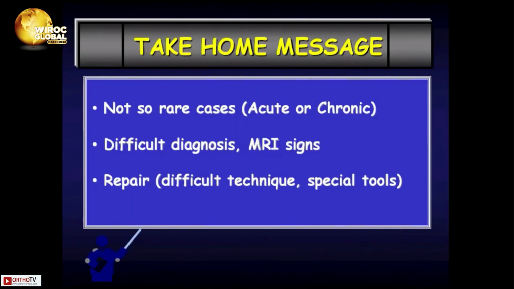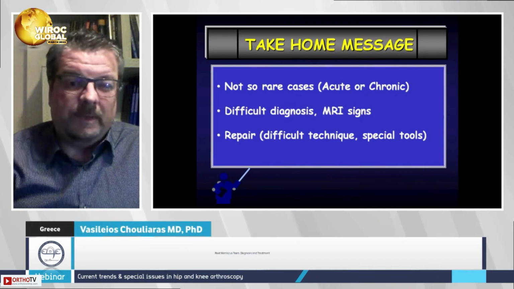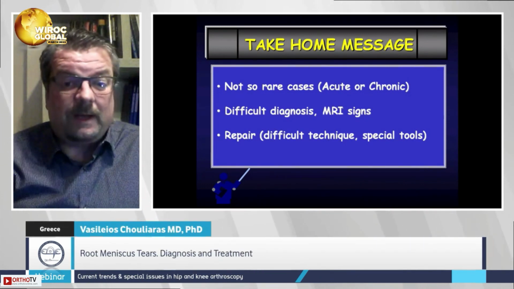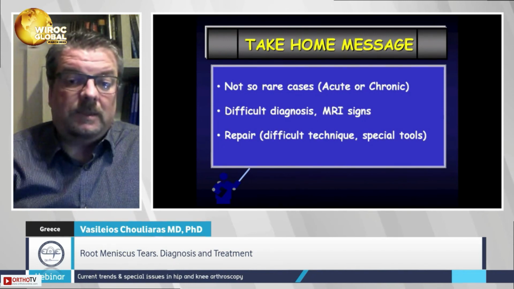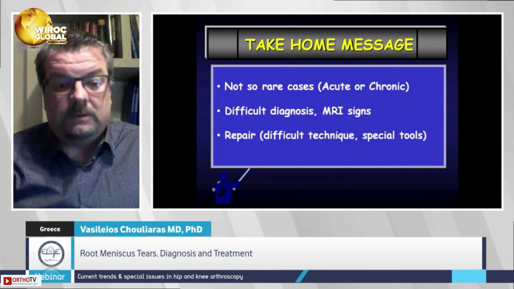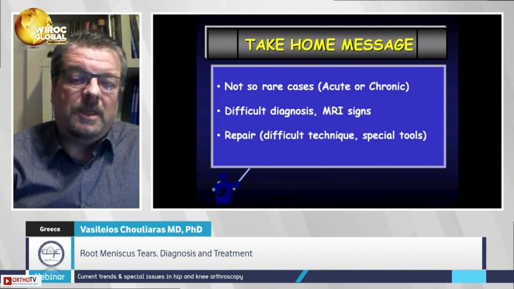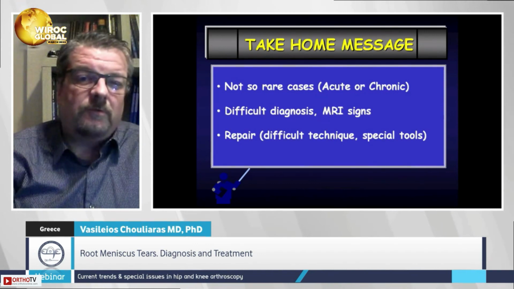So, in conclusion, these are not so rare cases, of course, both for the lateral and the medial meniscus. It has a difficult diagnosis, but we must inspect the MRI signs very carefully, and we must remember that the appropriate treatment, especially in young patients or middle-aged patients, is the repair of the meniscus.